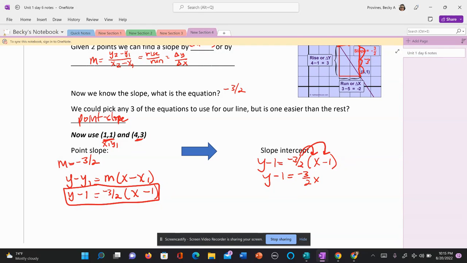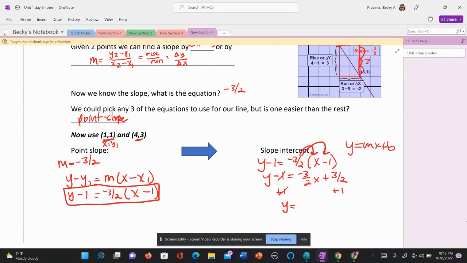Now be careful, a negative times a negative is a positive. Now we're not finished. For slope intercept, remember it's y equals mx plus b. So I need to solve for y, which means I have to move the negative 1. The opposite of negative 1 is positive 1.